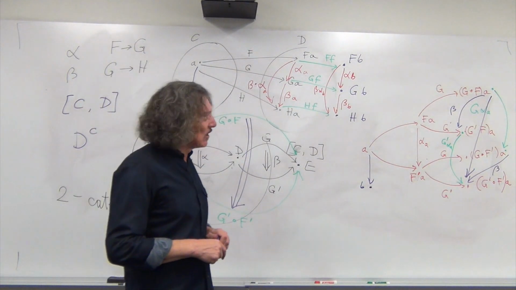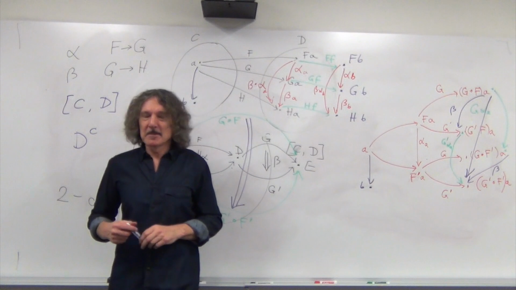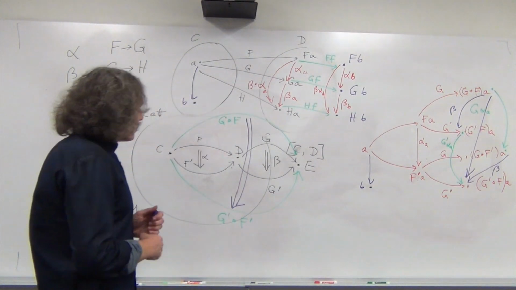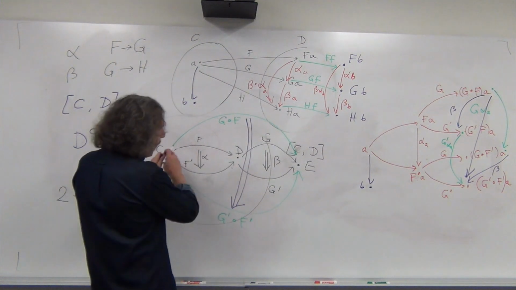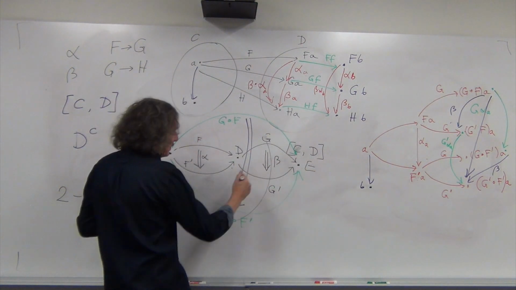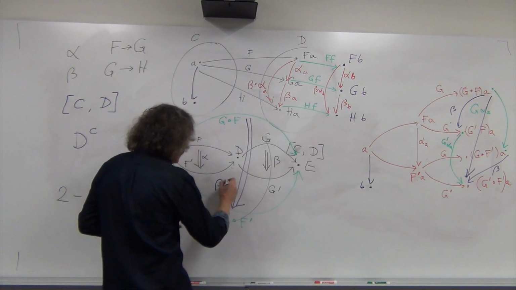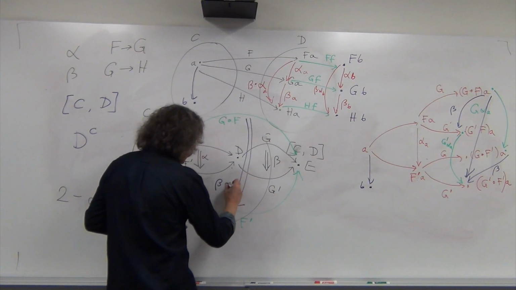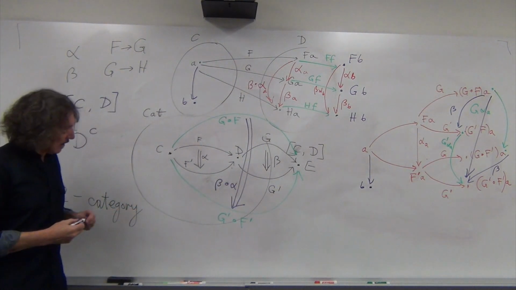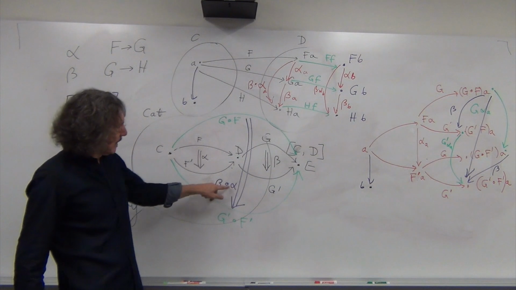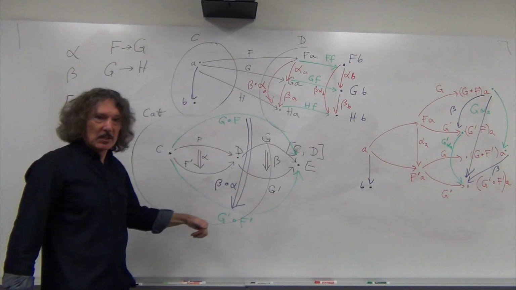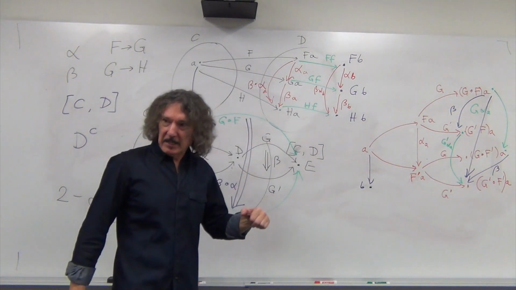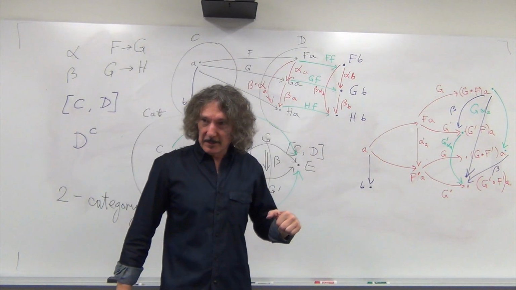It's just that it's a huge diagram and lots of arrows. So this is called horizontal composition of alpha and beta. And this is actually beta circle alpha, at least this is what Mac Lane calls it, as opposed to the vertical composition, which was beta dot alpha, right?